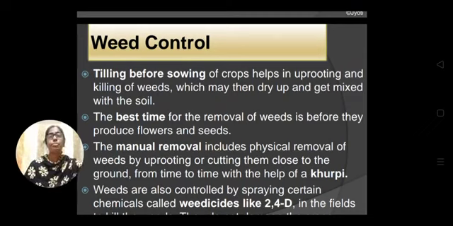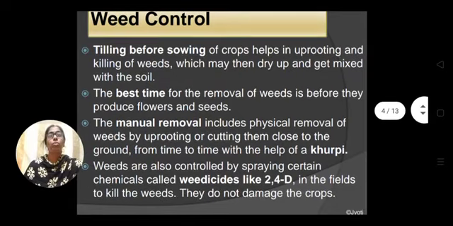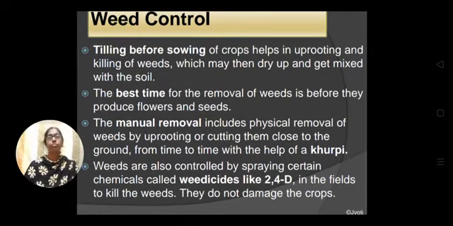When we spray the weedicides, you may be thinking that it may harm the crops. No. The weedicides will harm the weeds only. They will destroy the weeds only. They will prevent the growth of the weeds only. They will in no way affect the growth of the crops.